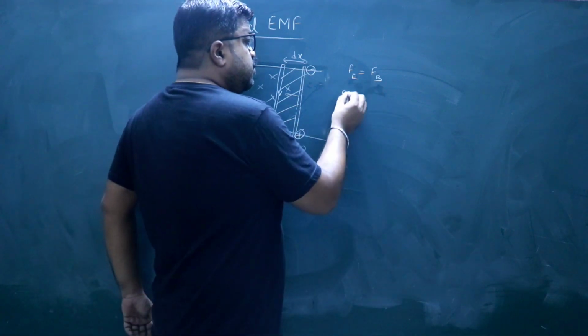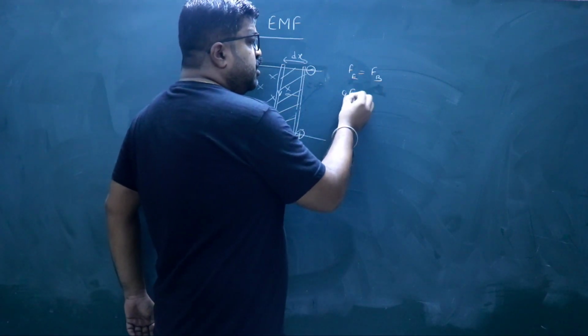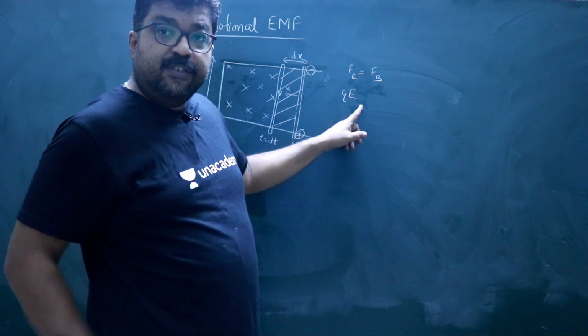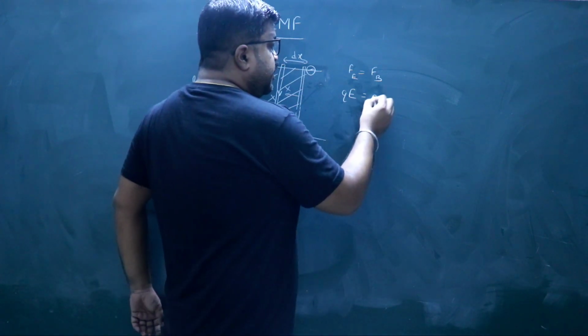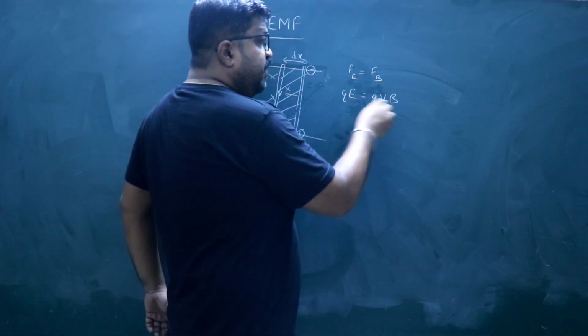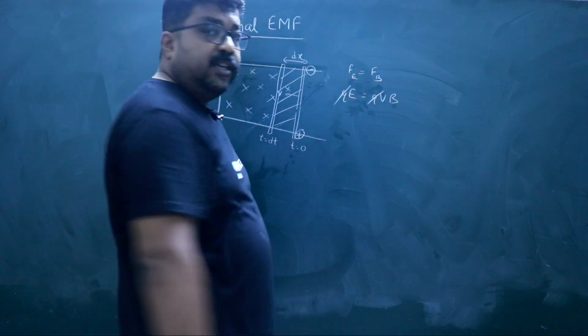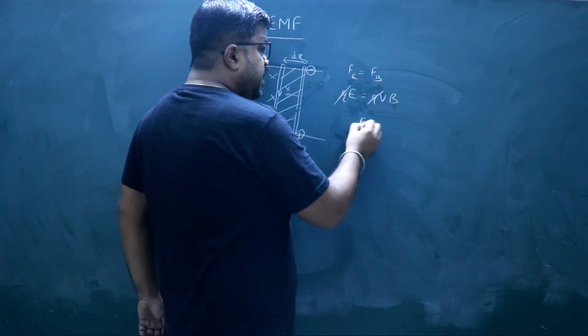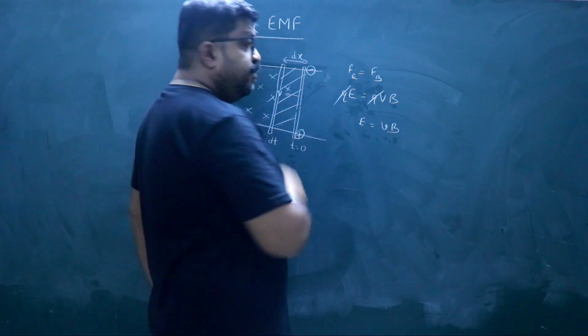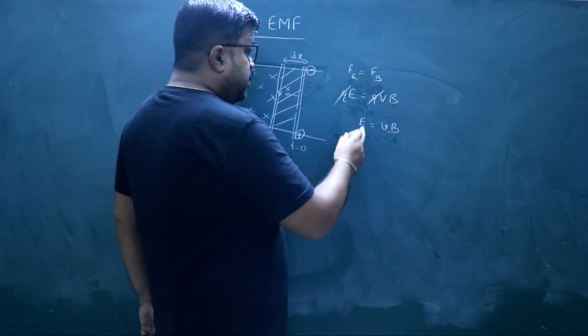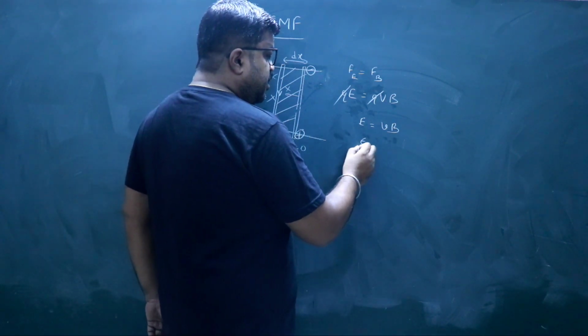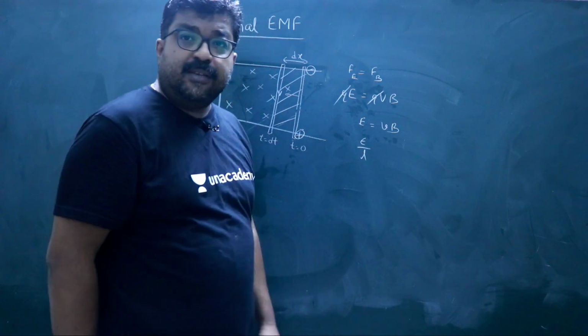What is the electrostatic force on the electron? F is equal to QE, and the magnetic force is QVB. E is the electric field and B is the magnetic field. So the Q cancels out and we have E equal to V into B. Now this E is the electric field, which is EMF per unit length.